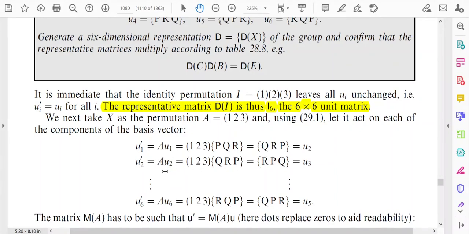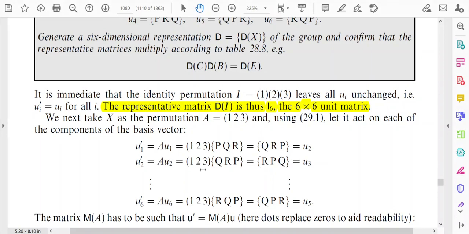Now in a similar procedure, suppose A into u2. A is 1 2 3 and u2 is QRP. Then the same thing: think there is an arrow which points from 2 to 1. That means the second letter will come to the first position. The second letter is R, so R will come to the first position.